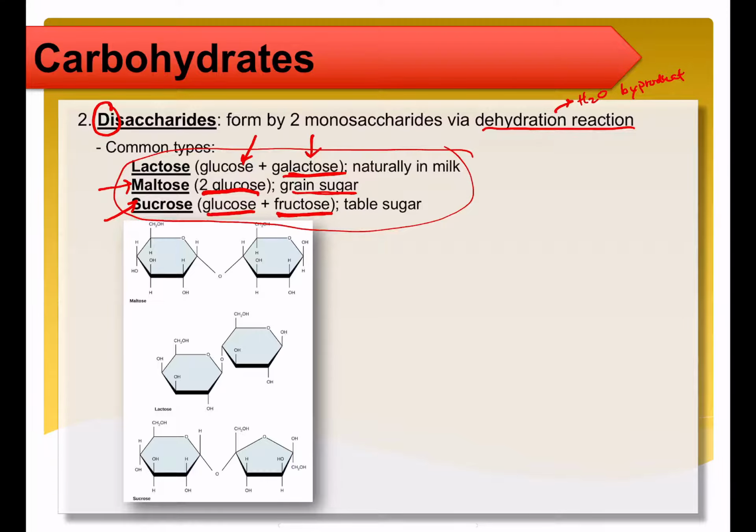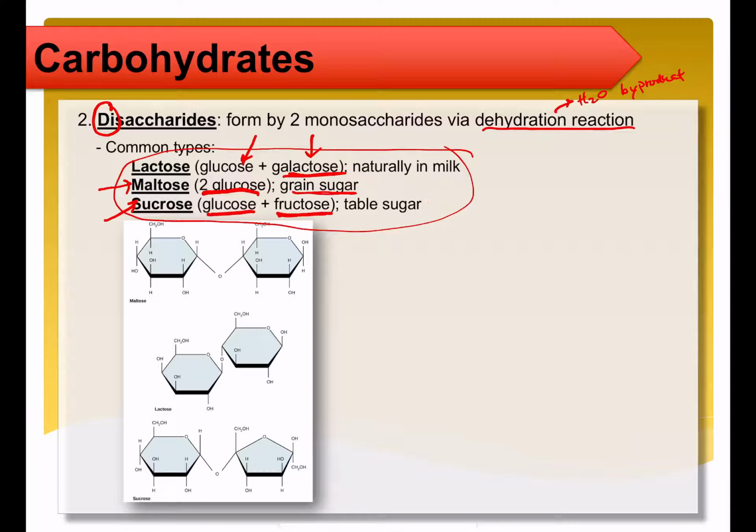So these 2 monosaccharides come together to form sucrose. Fructose and glucose make sucrose, and sucrose is a common disaccharide that is in table sugar, which is the sugar that you put into your coffee this morning, for example.